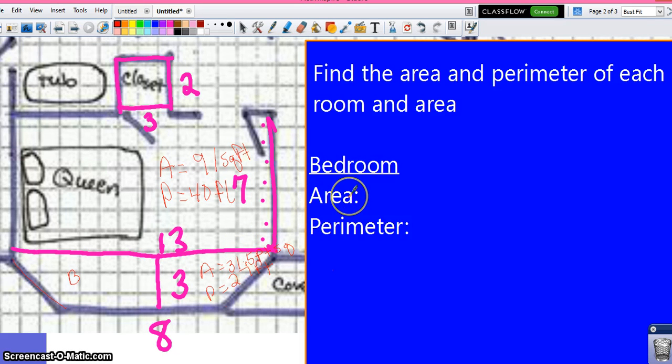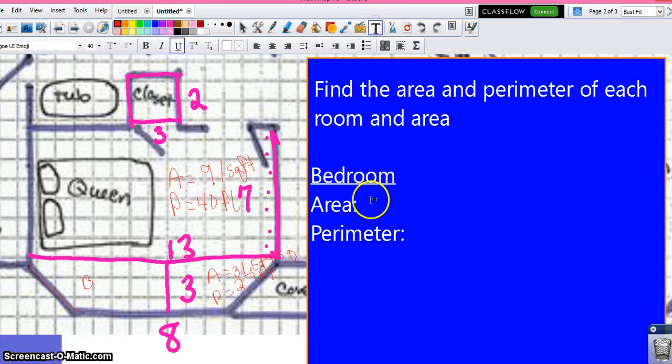So the actual area of this bedroom is the 2 of those together, which is 122.5 square feet, or feet squared. The actual perimeter, again, you're going to have to add these two up, and so the actual perimeter is going to be 67 feet.